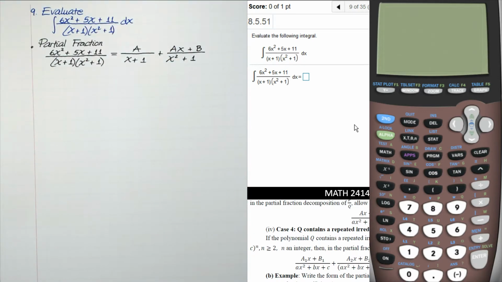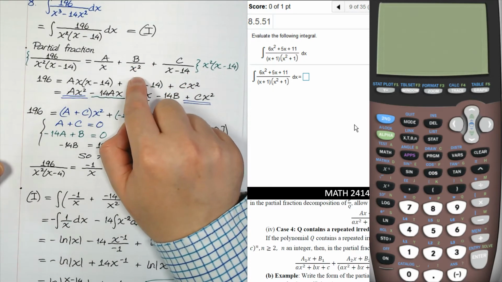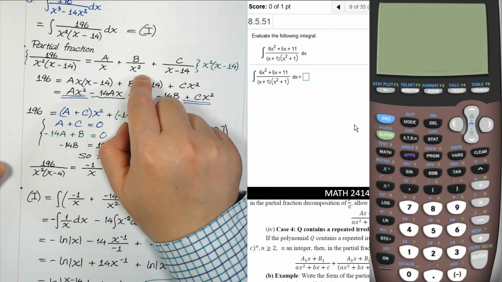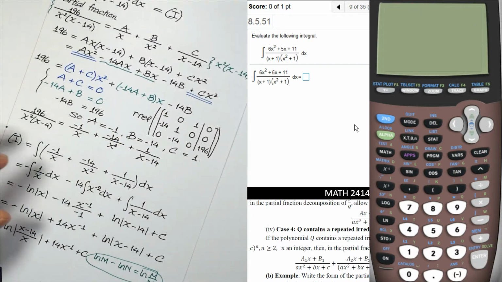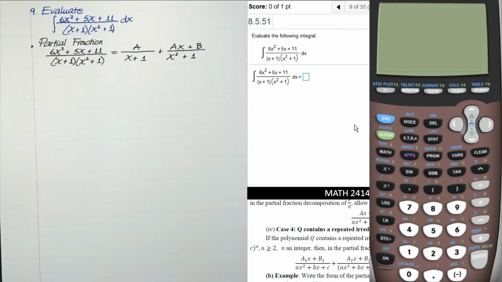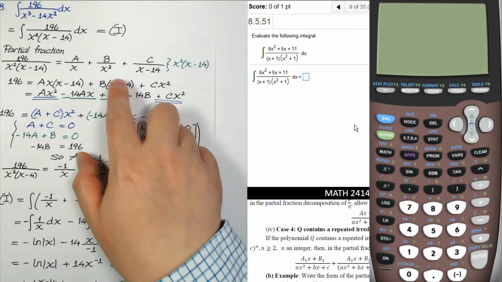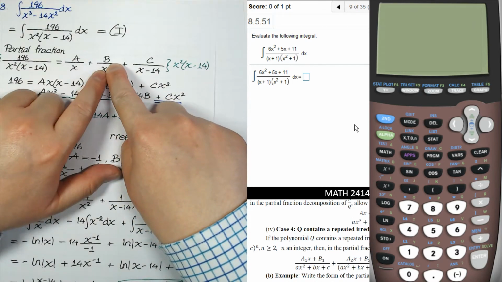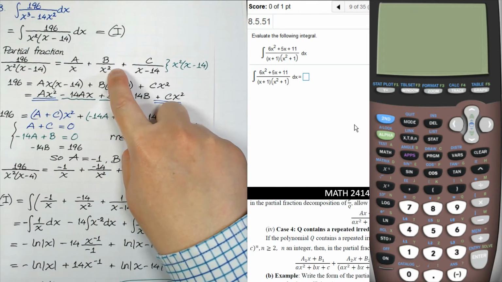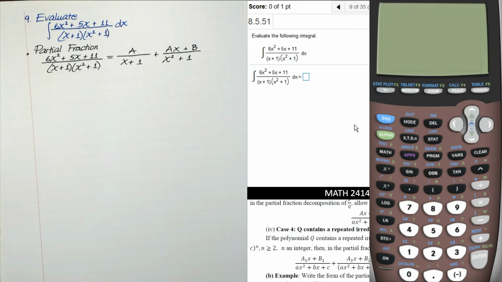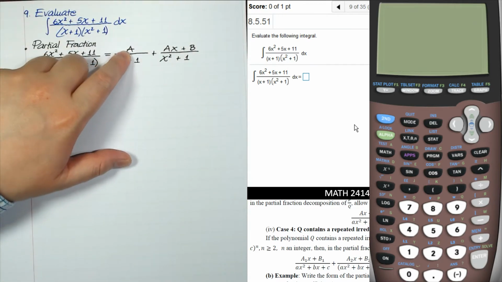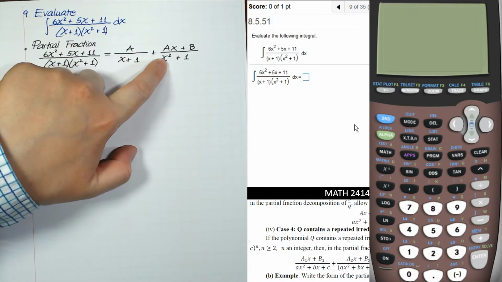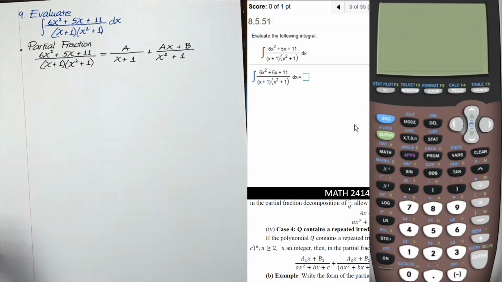The repeated doesn't count; for the repeated, we still have the same constant on the top there. So the power on the top doesn't affect. We just worry about what is the factor. So if it is a linear factor, we have a constant on top. If it is quadratic factor, we need the linear function on top.